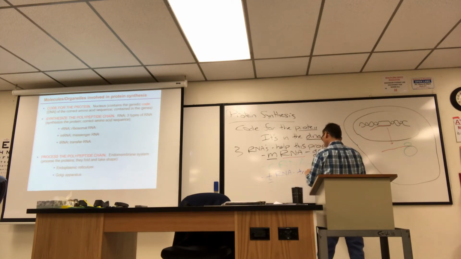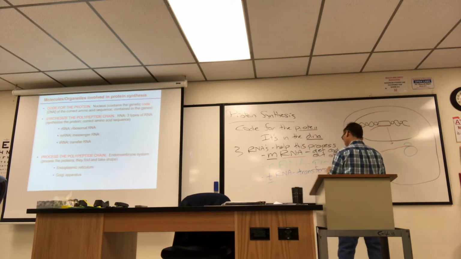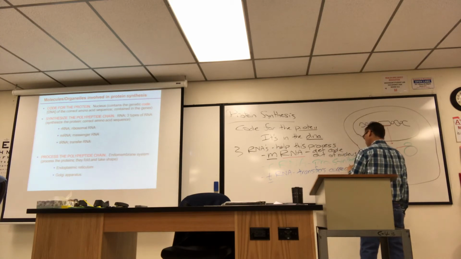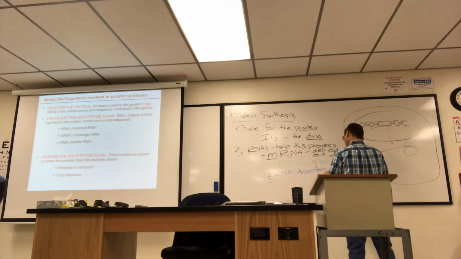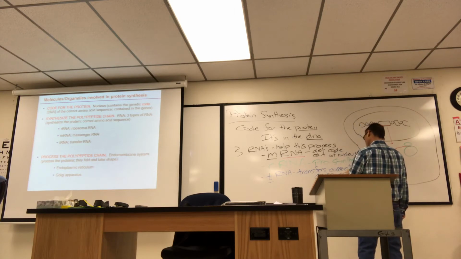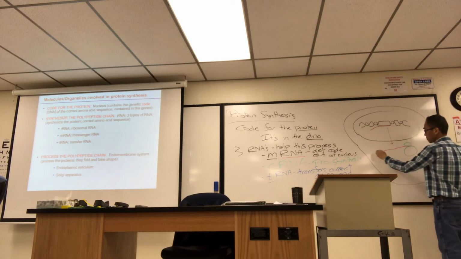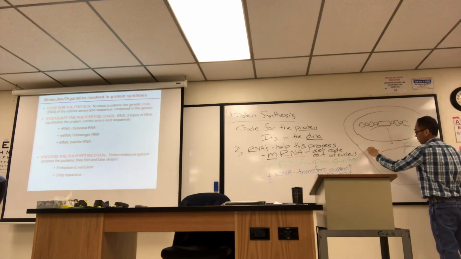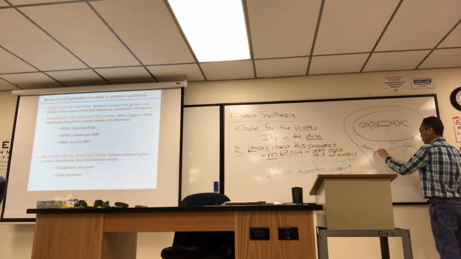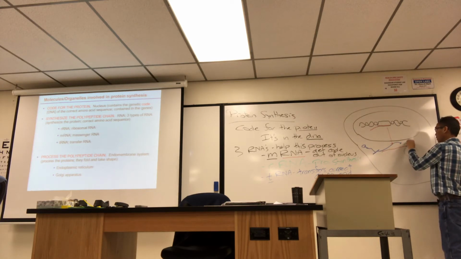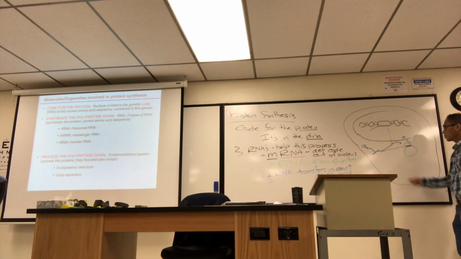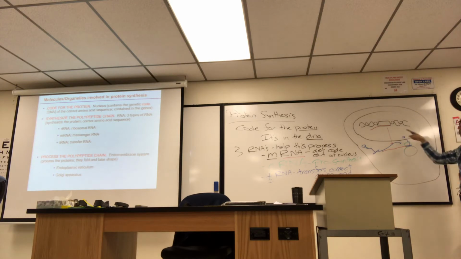It transfers the correct amino acid. So maybe there's a tRNA carrying an amino acid, and you take it here, and a whole bunch of them are going to come, and I don't want to try to draw the whole thing. But the point is, you've gone from transcribing the gene to translating the gene out here.